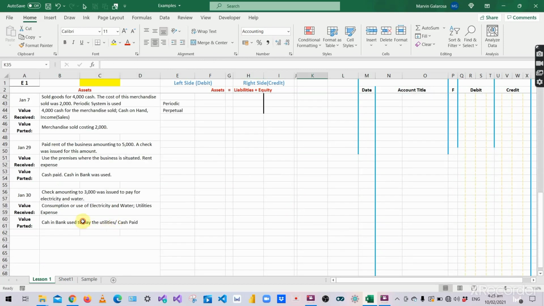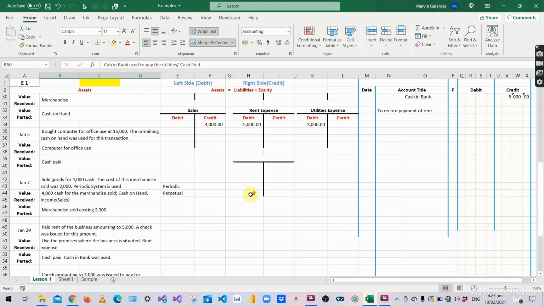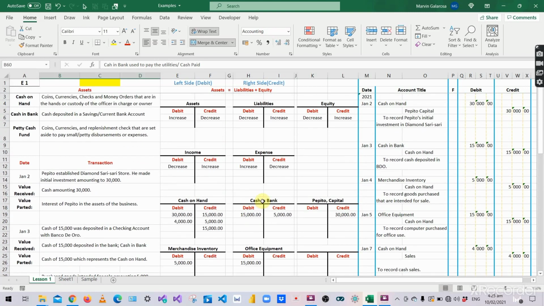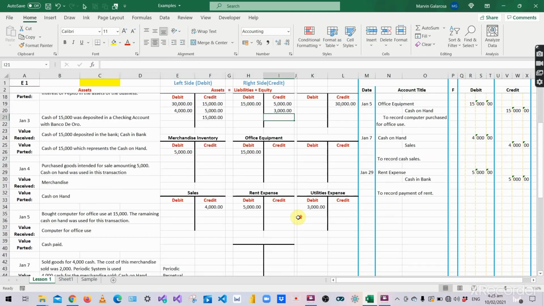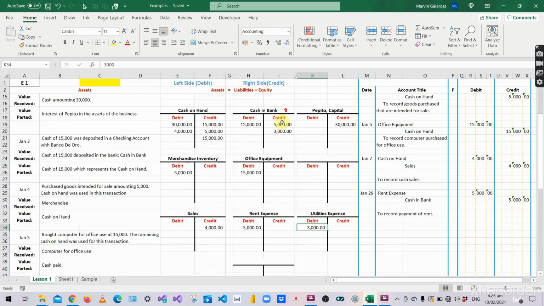And then, binayaran natin siya using the cash in the bank. So, mababawasan yung ating cash in bank. And since cash in bank ay isang asset, ang decrease sa asset ay recorded sa credit side. Lagay natin yung 3,000 on the credit side of cash in bank. So, meron na tayong complete na journal entry, isang debit and isang credit.